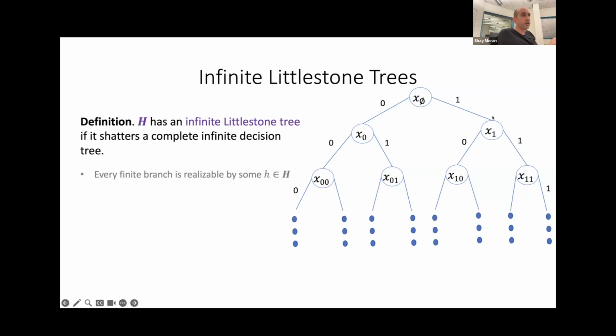If it is 1, you turn right, and you continue like this iteratively. So every function defines a branch on a decision tree. And we say that H shatters this decision tree if for every node in the tree, there is a function in the class whose branch passes through this node.